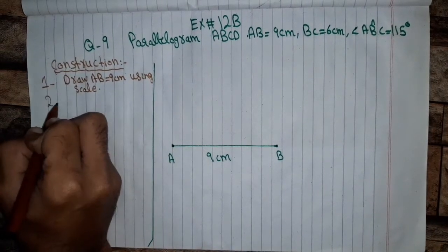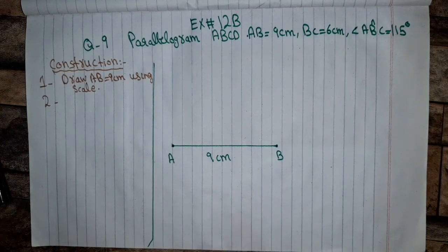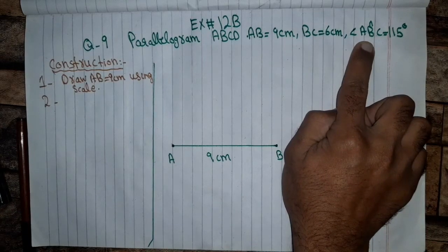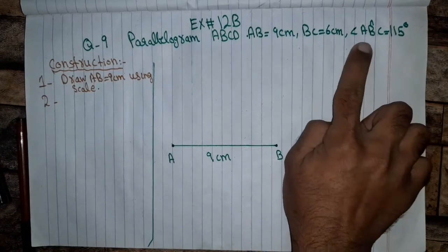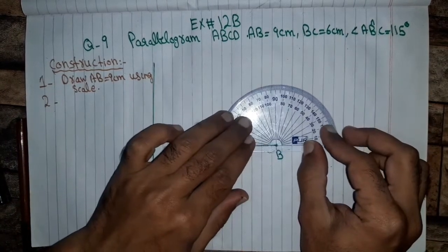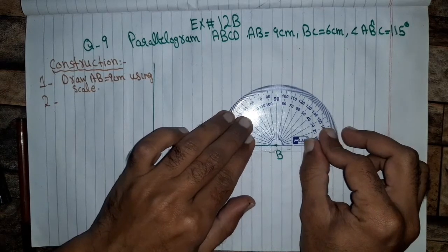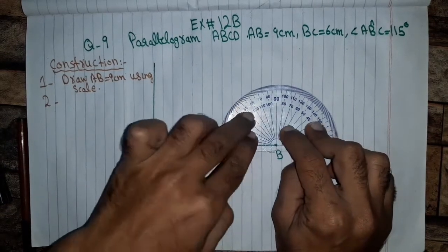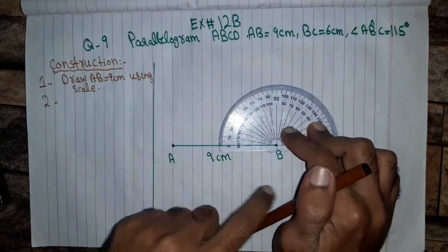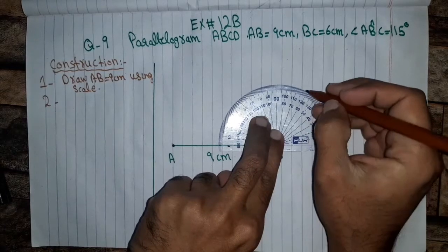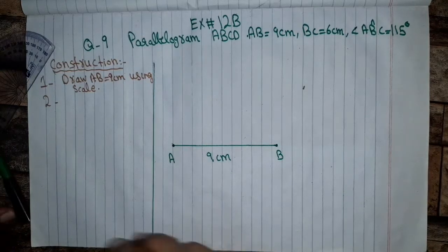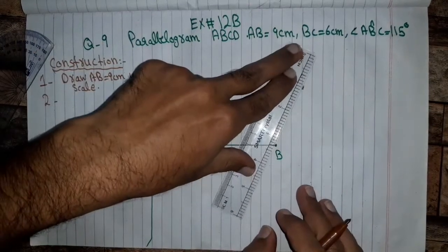So second step, we will construct angle ABC. This means the angle at point B, so we will construct an angle of 115 degree at point B. This is the line where the angle 115 degree forms.